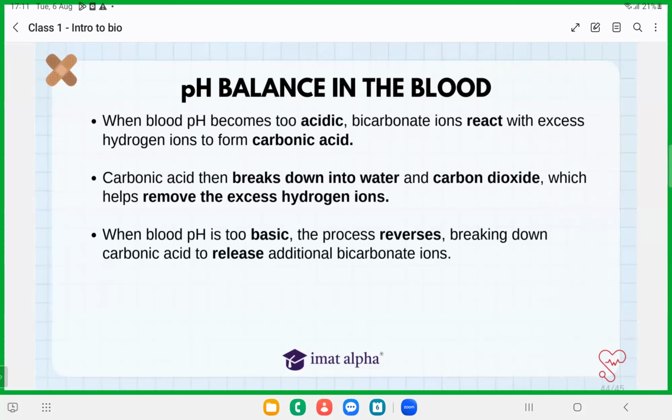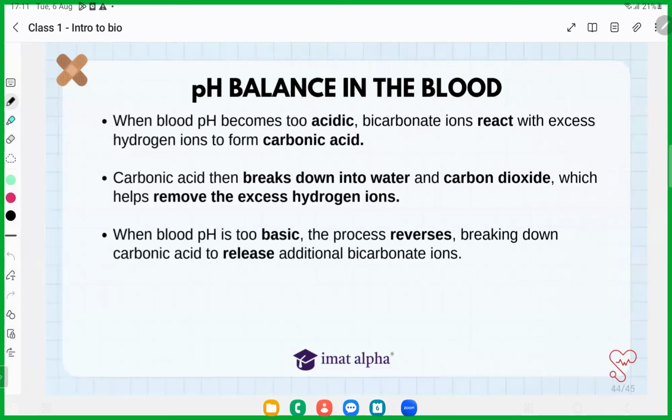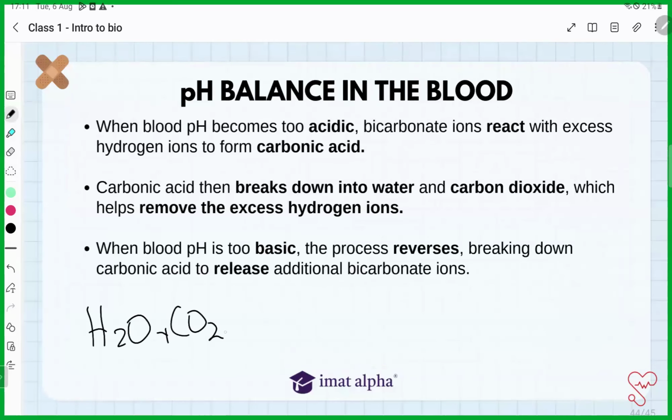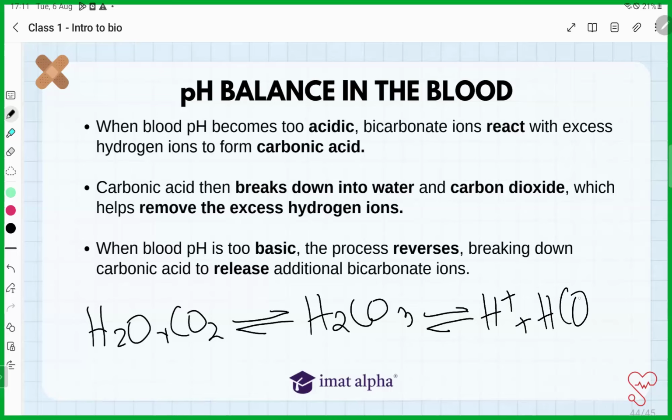The reverse reactions that you have are: water and carbon dioxide give carbonic acid, and then the carbonic acid can give hydrogen ions and bicarbonate, and then hydrogen ions and carbonate.